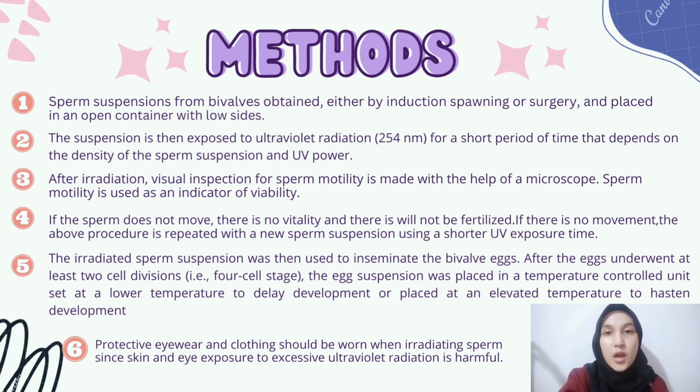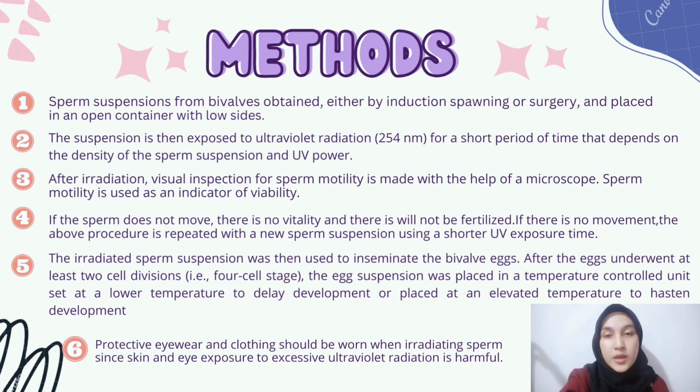Number 3, after irradiation, visual inspection of sperm mortality is made with the help of a microscope. Sperm mortality is used as an indicator of vitality. Number 4, if the sperm do not move, there is no vitality and they will not fertilize. The procedure is repeated with a new sperm suspension using a shorter UV exposure time.